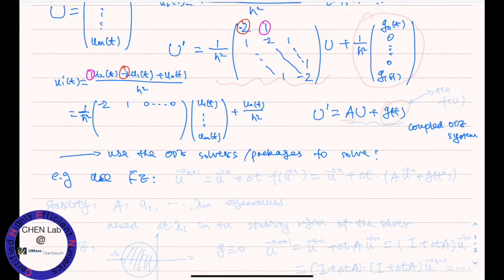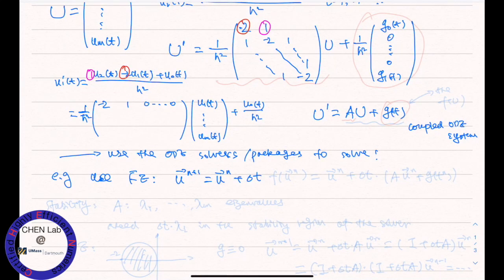FE. What that means is that if we use a U vector to denote the numerical approximation to the capital U, then we have this vector at n+1 time step equal to the vector at n time step plus delta t times all this right hand side, right?